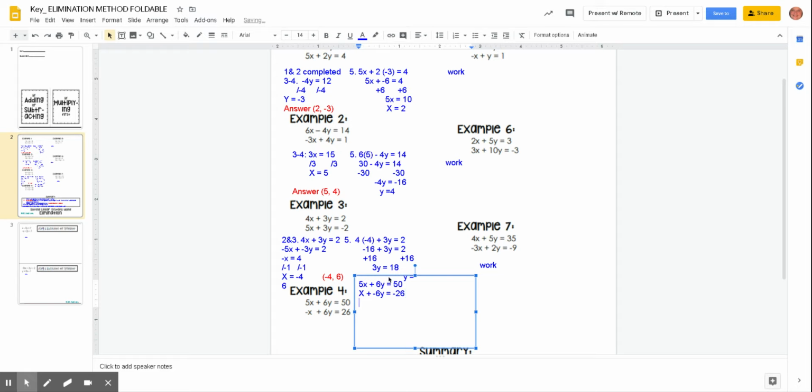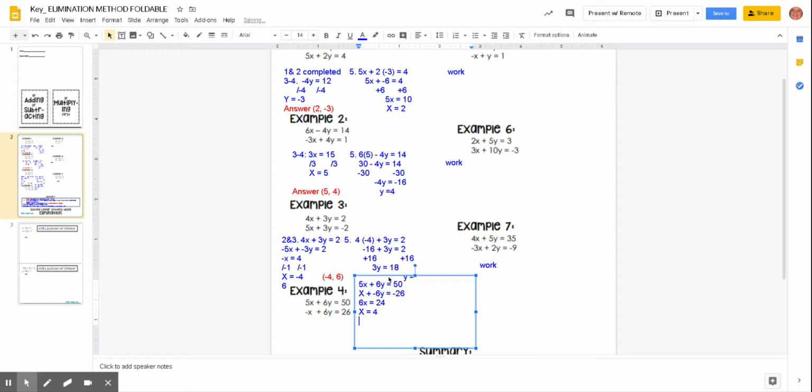So when I eliminate those 6y's, I would be left with 5x plus 1x would give me 6x equal to 50 minus 26. Well, 50 minus 25 would be 25, minus 1 more, 24. And if we divide both sides by 6, we get x equal to 4.